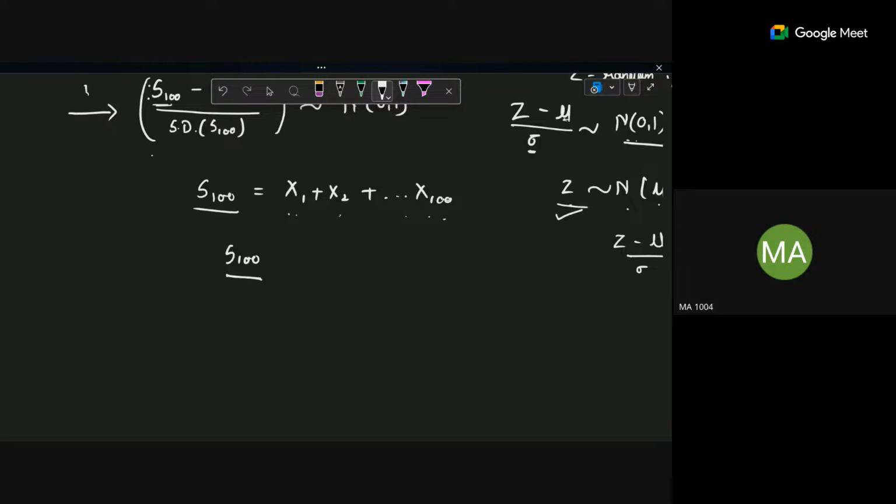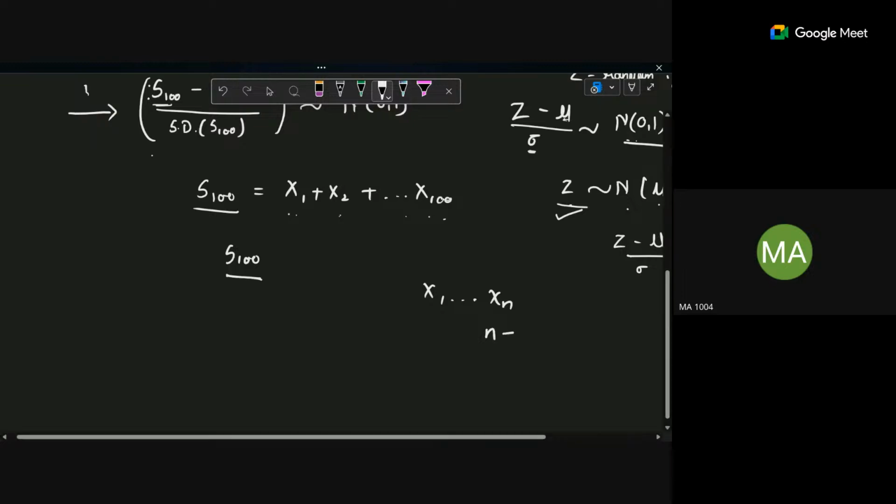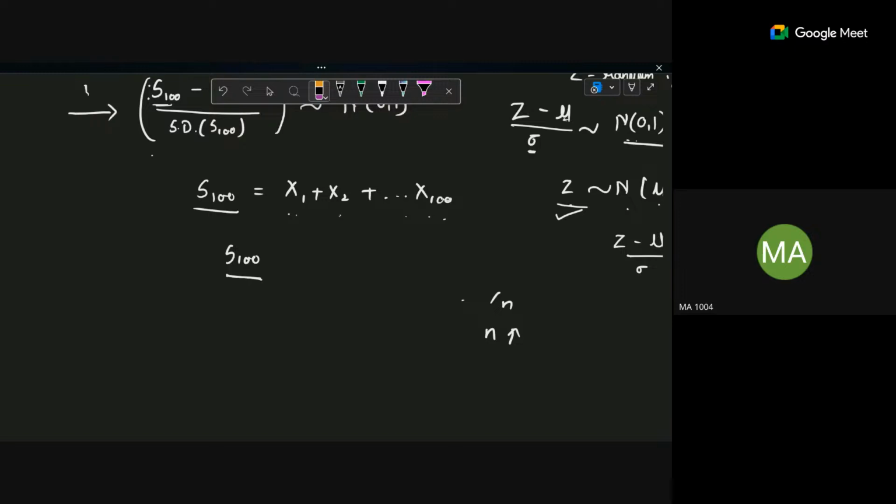Okay, that is also a valid point. There is a concept that says when we have x1 to xn random variables, as n increases, your MGF approaches normal. CLT is a similar kind of thing.